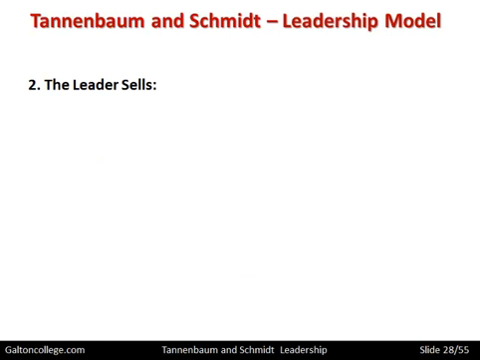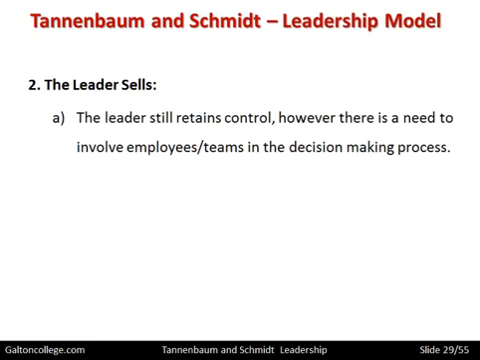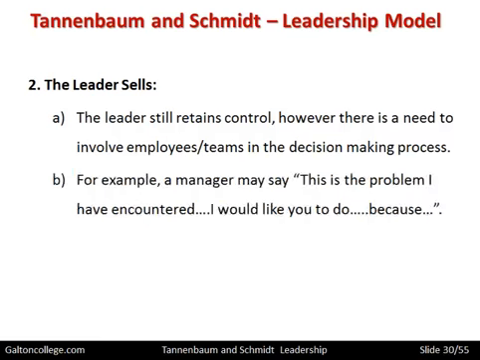The leader sells the idea. This was the next point along when we looked at the scale earlier. The leader still remains in control. However, there's a need to involve employees and teams in the decision-making process. So there is more involvement of the teams. There's more consultation.